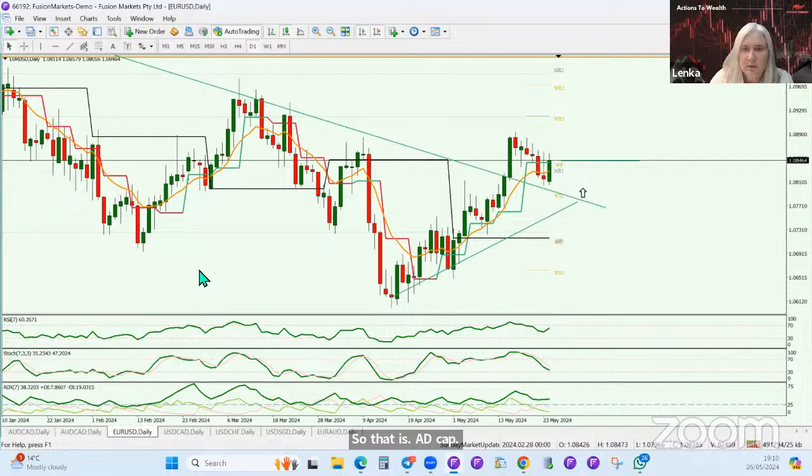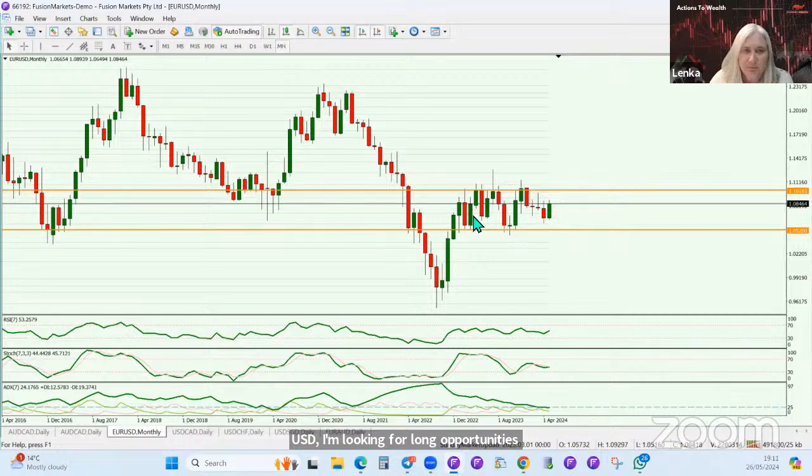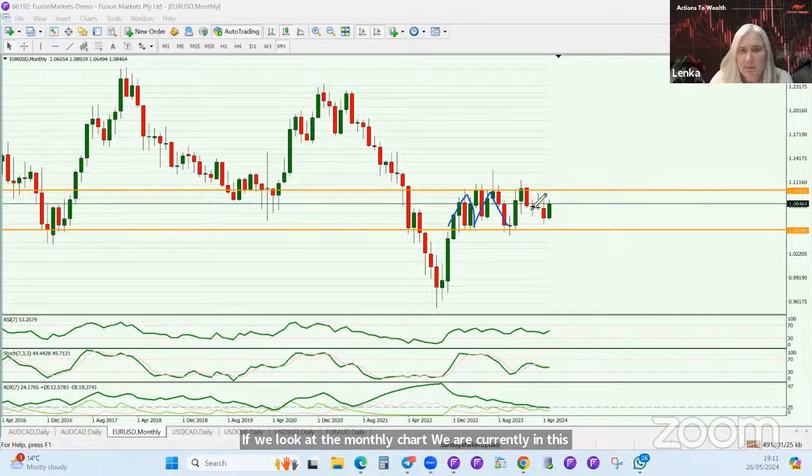Next is the Euro USD. And on Euro USD, I'm looking for long opportunities. If we look at the monthly chart, we are currently in this range where price has just been going within this range. And the last week, price has gone higher.